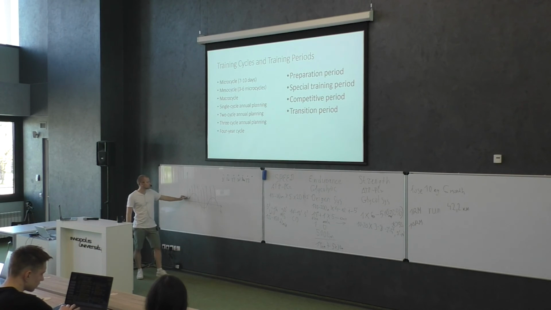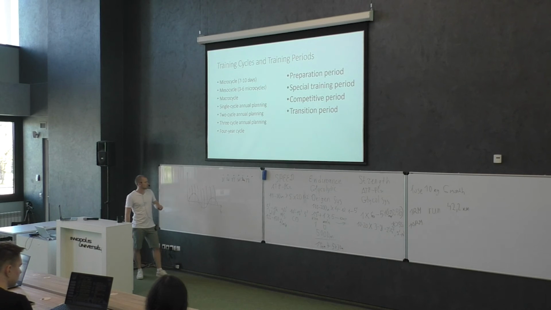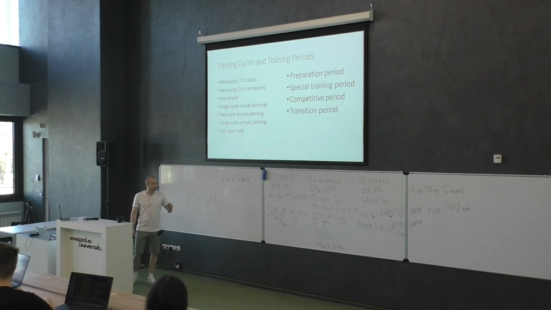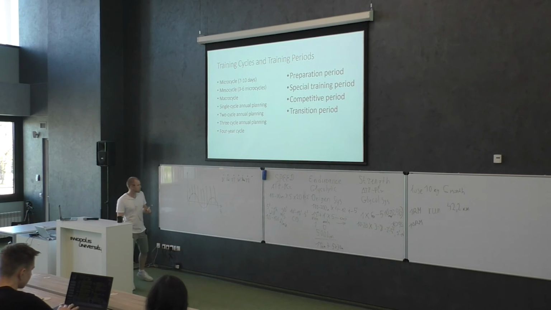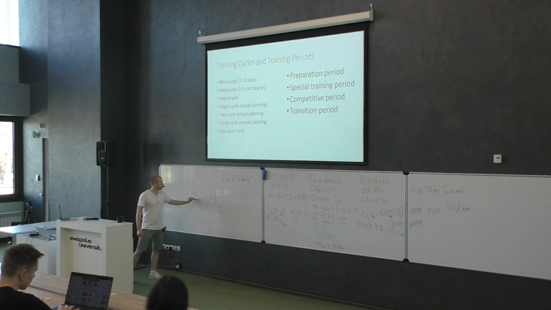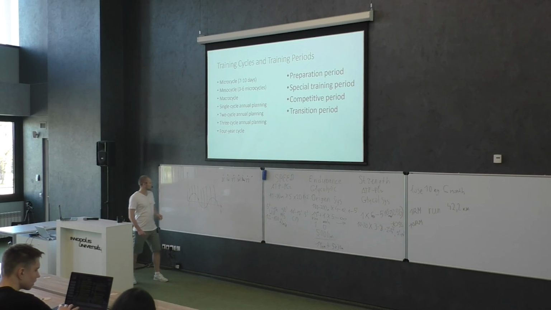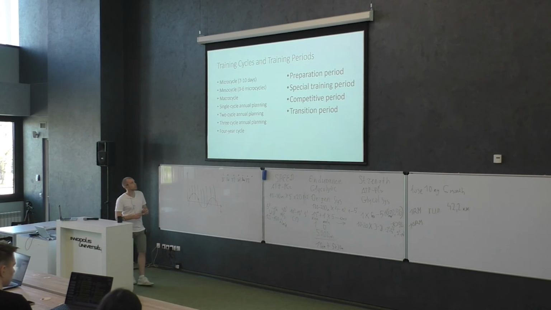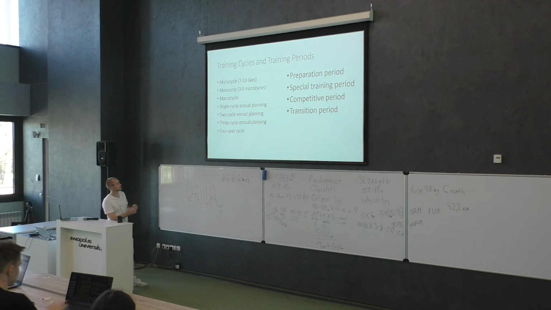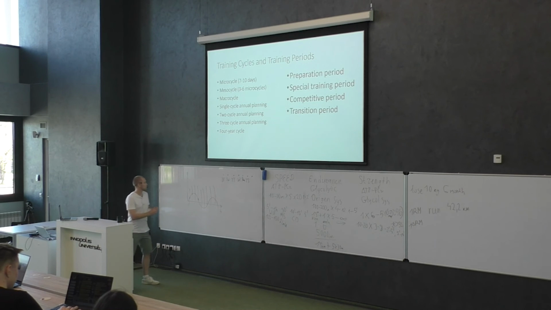For example, we improve trainings for 3 weeks, then we decrease the effort of training for 1 week. And our main task of the mesocycles is to do so.